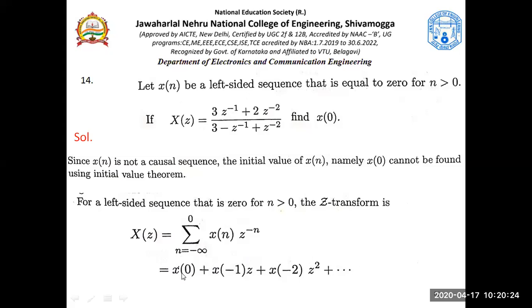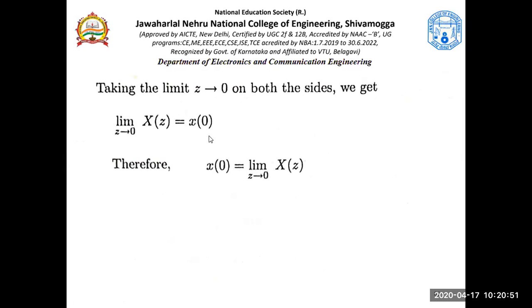Z is not there in the first term, so it will be as it is, and there is z in every other term with increasing powers. So all the other terms except this would go to 0 when we apply the limit z tending to 0. Why did we apply the limit z tending to 0? Because we want x of 0 to be found, right? So x of 0 can be found by applying the limit z tending to 0.